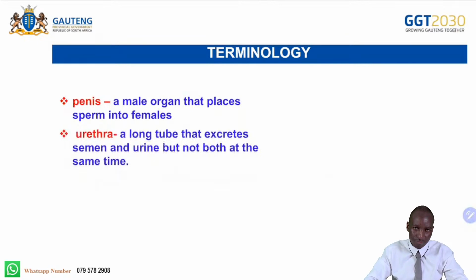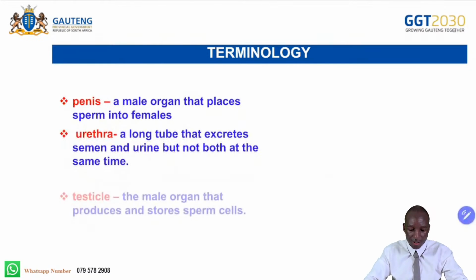We've got urethra, right? This is a long tube that excretes semen and urine, but not both at the same time. Okay, so it means that this tube is responsible for excreting either the semen or urine, but it doesn't excrete both of these at the same time, right? What else do you have?